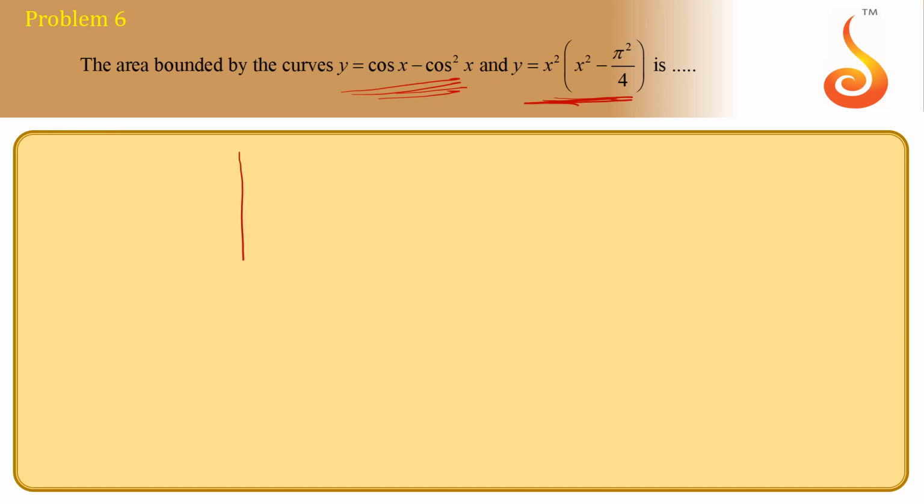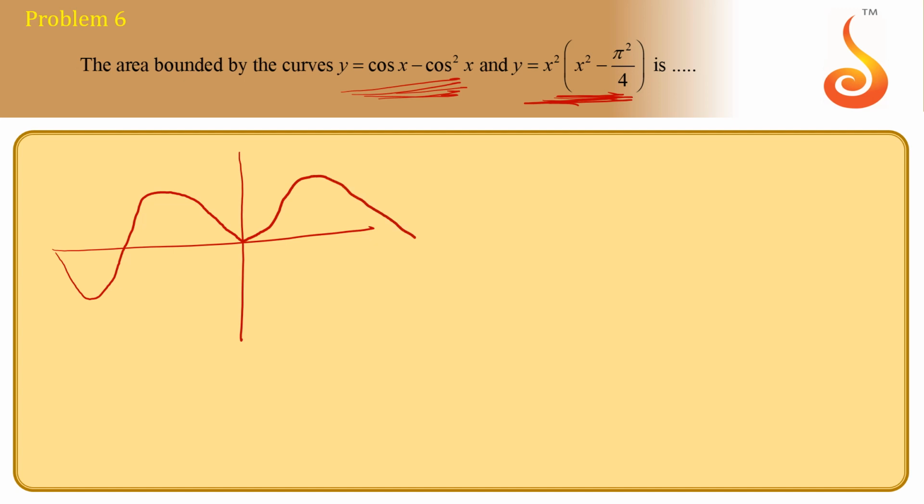So by the symmetry, because cos x is an even function, here also the x powers are all even. So if you draw the graph of cos x, that quadratic in cos x will be like this. And the other one will be like this.